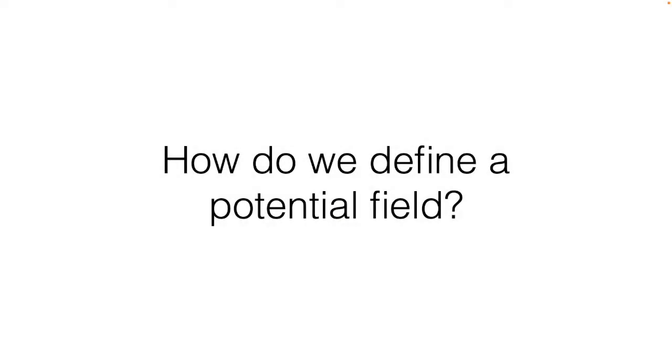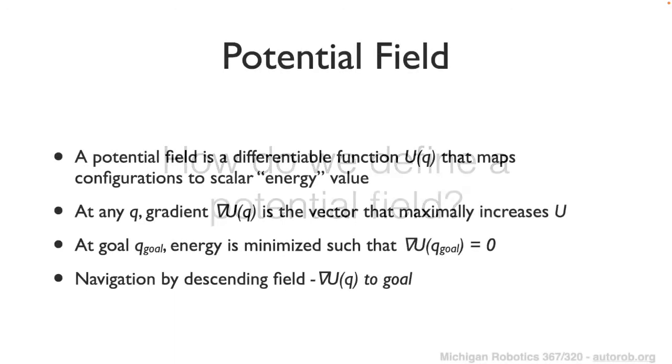So this then motivates the question of how we can define a potential field. For our use, we're going to be defining potential fields as follows. A potential field is a differentiable function defined over the configuration space that maps each configuration to a corresponding scalar energy value.